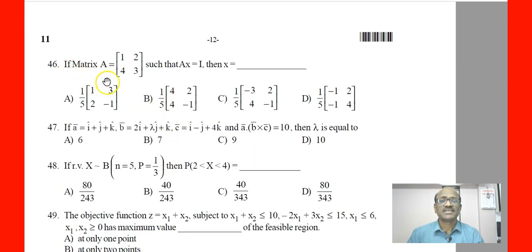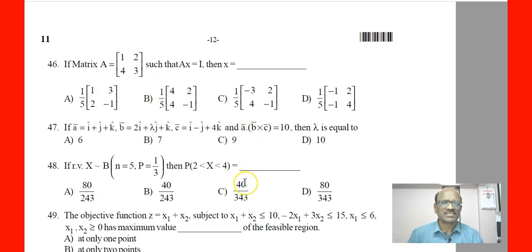If the matrix A is 1 2 4 3 such that Ax is equal to I, then what is the value of x? Multiply on both sides by A inverse, then you will get x is equal to A inverse. Now find the value of A inverse.